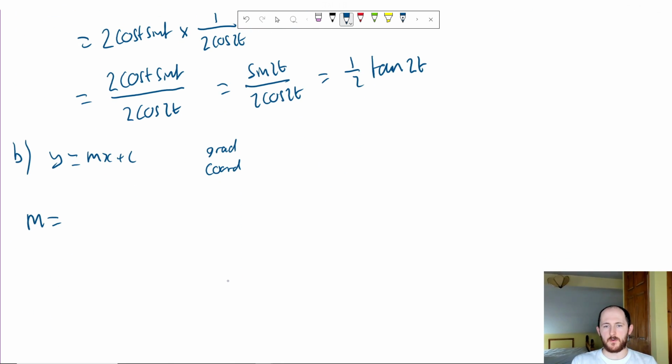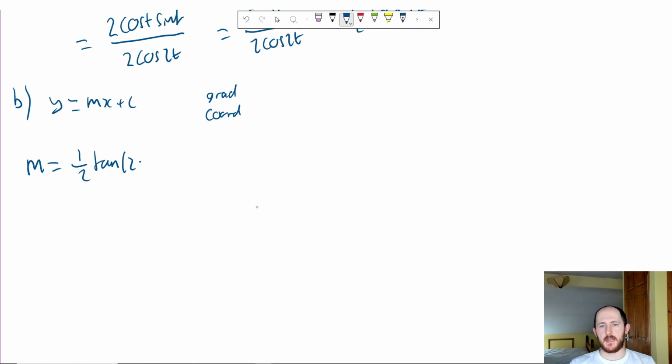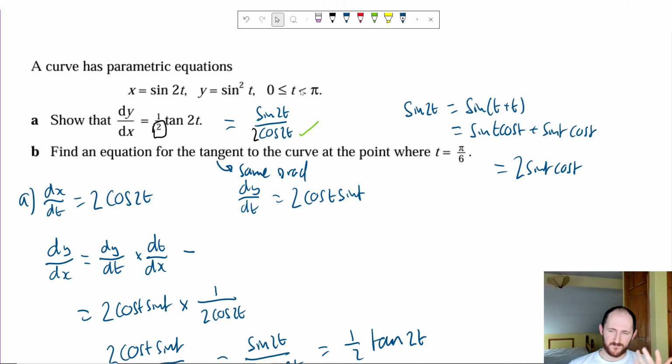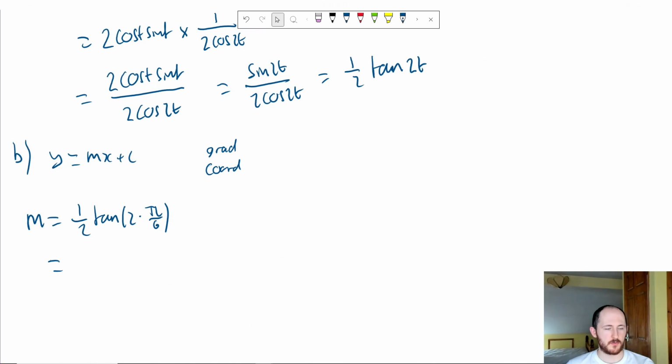So let's do that first. M would equal half tan 2 times pi over 6. Now, because t is in terms of pi, we're definitely putting the calculator into radians mode instead of degrees. That's just the logical thing to do.